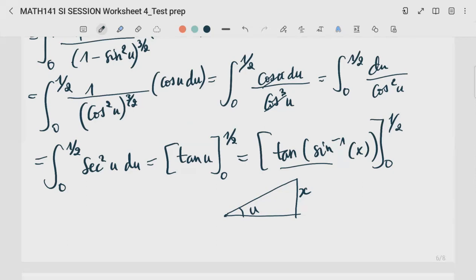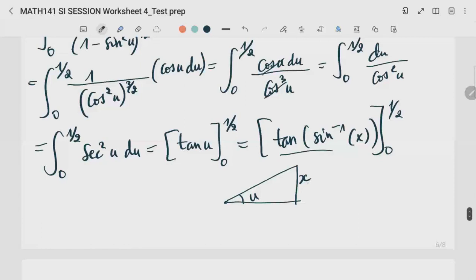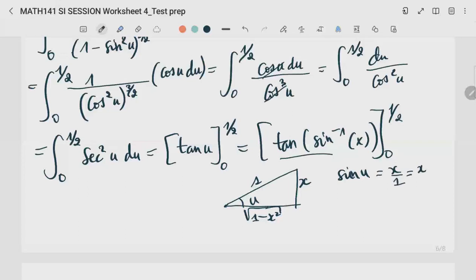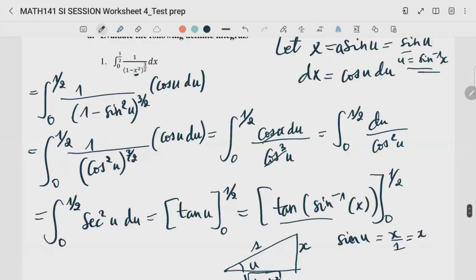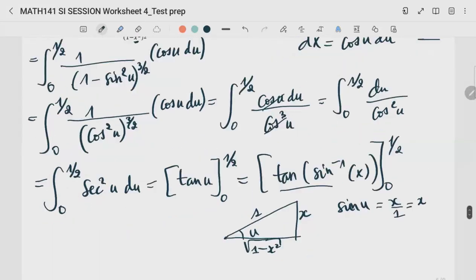So if this side is x, this side should have to be the square root of 1 minus x squared. The hypotenuse is therefore equal to 1. And therefore sine of u will have to be equal to x over 1, which is just x, right? Which is what we have here, right? That's our u substitution, that's our trigonometric substitution.